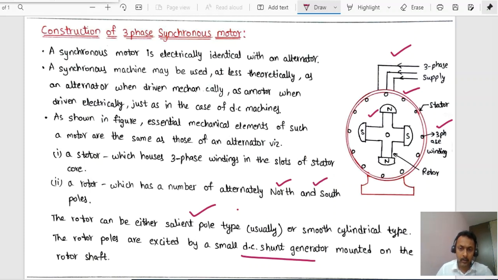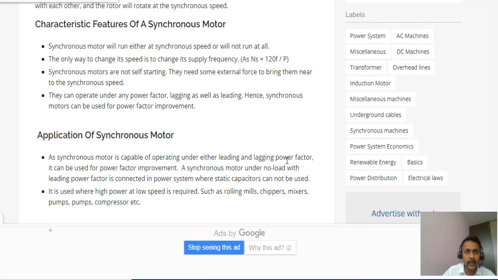Some key points you can observe here. Some characteristic features of the synchronous motor: it will run either at the synchronous speed or will not run at all. The only way to change its speed is to change its supply frequency, which is Ns equals 120 F by P, where F indicates the frequency of the supply and P indicates the number of poles.